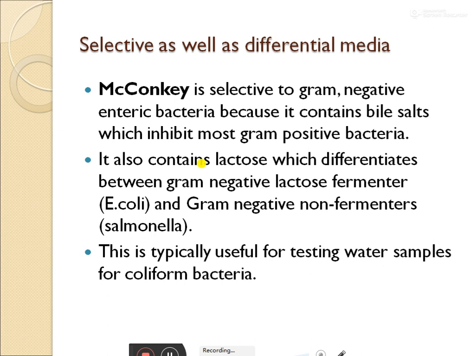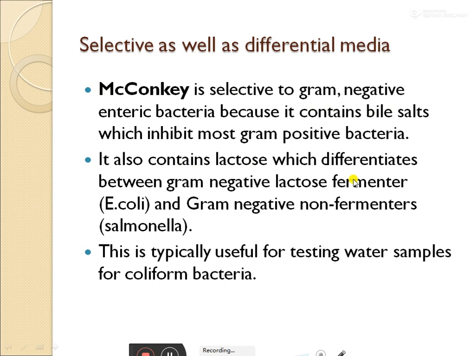Selective as well as differential media, MacConkey's media, already discussed. It is selective to gram negative enteric bacteria because it contains bile salt which inhibits the growth of gram positive bacteria. Because of the presence of bile salt in MacConkey's, it will not allow the growth of gram positive. So, it is selective for gram negative only.